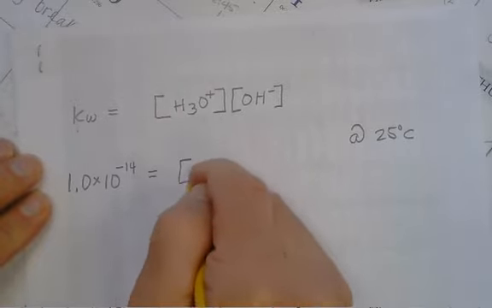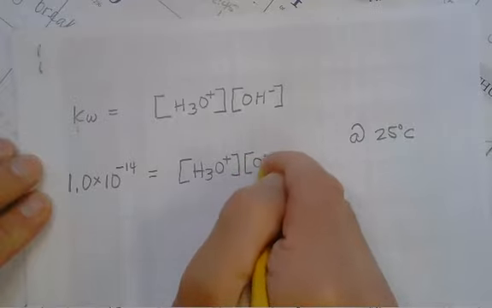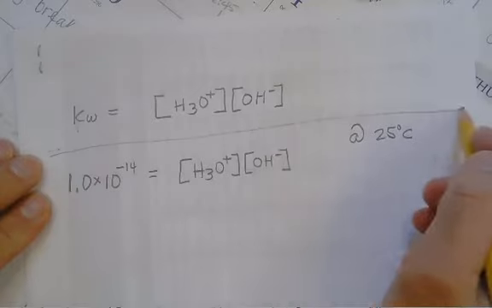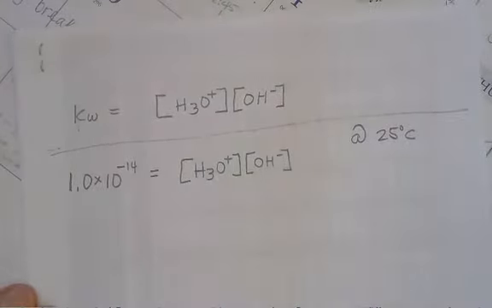So now we're specifying a specific temperature. Again, it doesn't change dramatically, but once we're at 25, we can put the number in. Well, let's take the log of both sides.